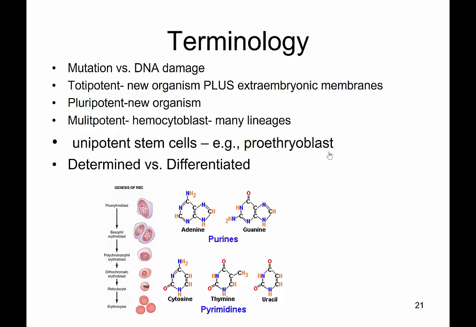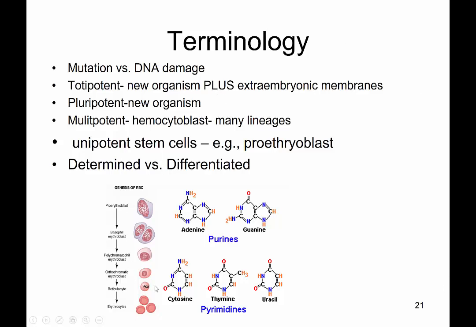Multipotent. A multipotent cell means it can generate many different kinds of cells, but they have a common link. For example, the best example is a hemocytoblast. A hemocytoblast is shown down here.